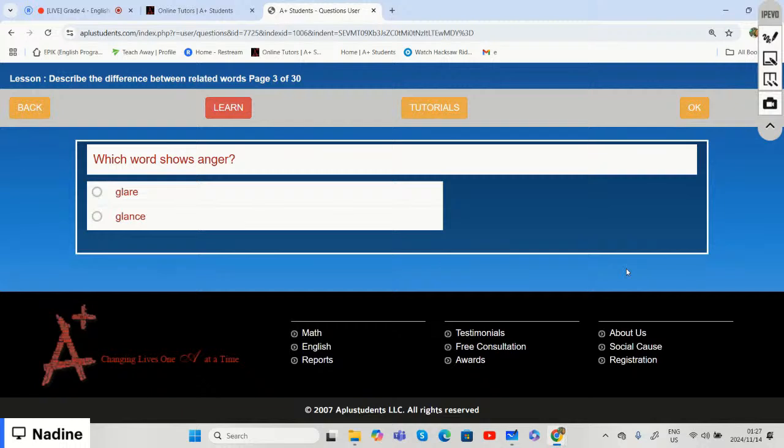Option two, something delightful. Which word shows anger? Is it glare or is it glance? So, which word shows anger?